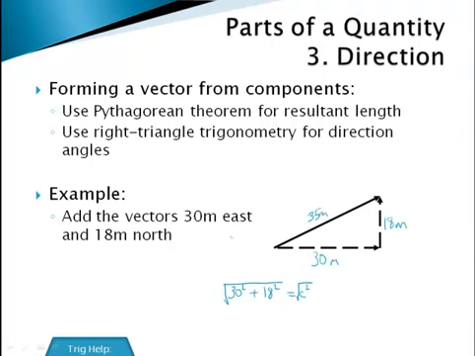And to find the angle, we're going to use the fact that we know the opposite and the adjacent sides of this angle. And so we'll use the tangent rule. Tangent of theta is 18 over 30. And to solve for theta, we need to take the inverse tangent of both sides.